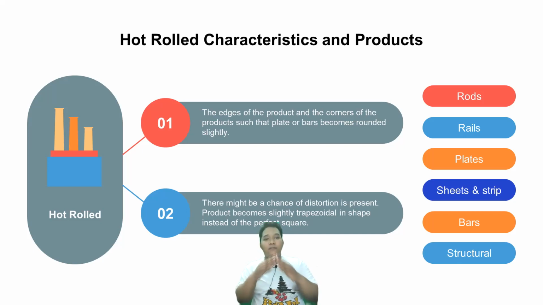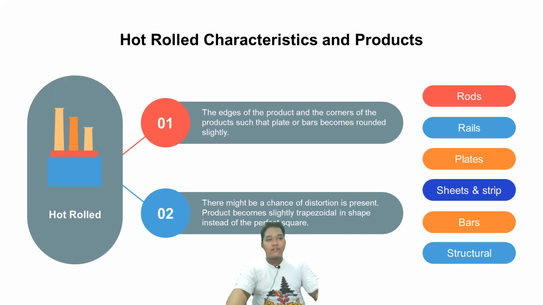The second characteristic is that there might be distortion or difference between when it is hot and when it's cold, so the size might be a little bit different.